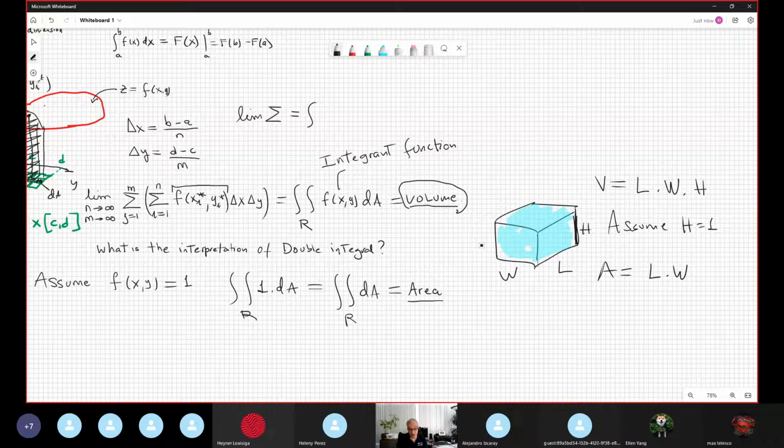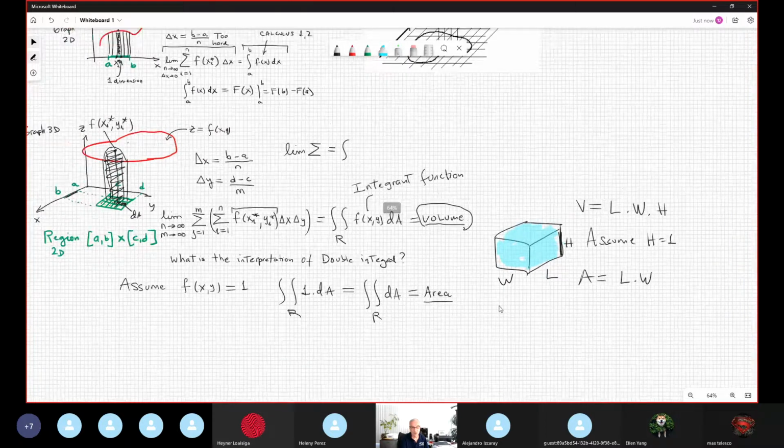Do you understand the idea? So we are here so far. The classical interpretation of the double integral is volume. But sometimes I use one resource, which is to assume that the integrand function is 1. Then it helps me to compute the area. Then, professor, this is not necessary, because in Calculus 1 we don't need a double integral to compute area.